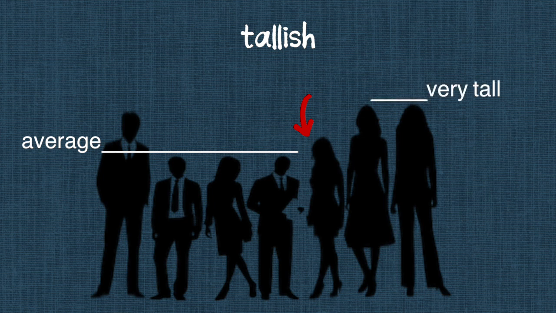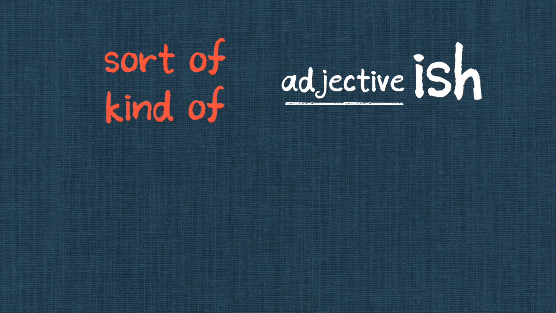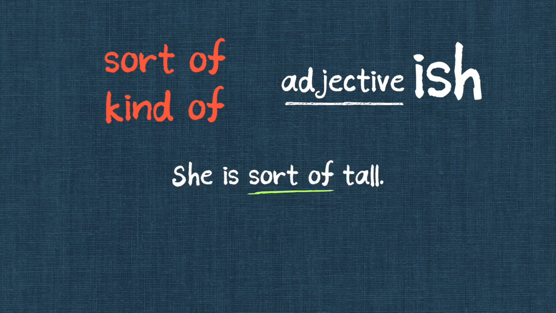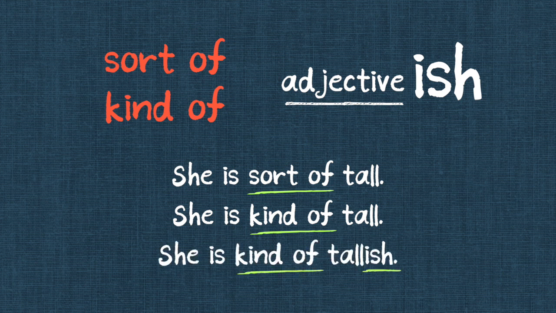Another useful thing to know when you are using adjectives in this way is that you can use the words sort of or kind of to express the meaning that something is approximate. And we often will combine these words with ish. For example, she is sort of tall, or she is kind of tall, or she is kind of tallish. Basically, it has the same meaning.